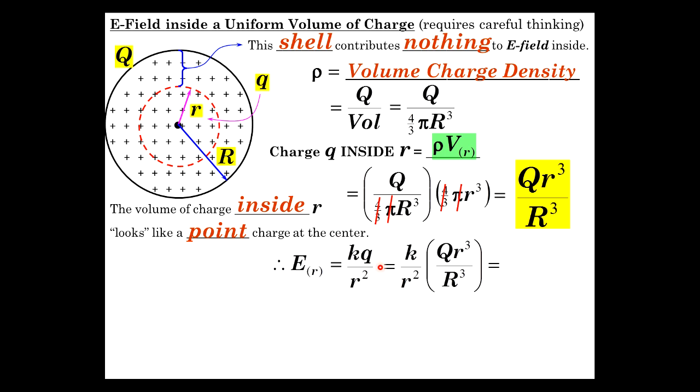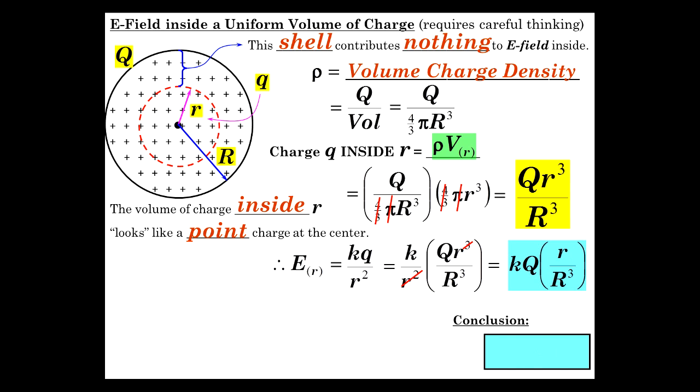This inverse r squared is a result of the divergence in three-dimensional space from a point charge, the inverse square law. And so two of those r's cancel with this, giving us a net result of kQ little r over big R cubed, realizing that big R cubed is a constant in this problem.